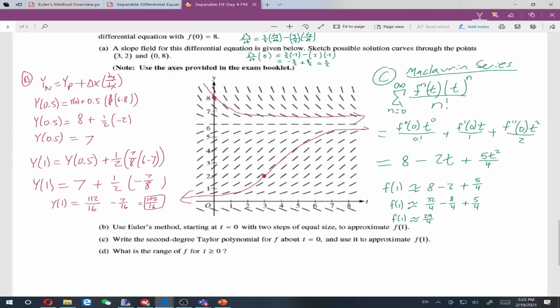29/4. Alright, so we've got two estimates: Kyle's estimate using Euler's method, Kelly's estimate using Taylor series. I think both of you have had calculators for previous questions, so Kelly, if you can give me what 29 over 4 is as a decimal, and then Kyle, if you can give me 105 over 16 as a decimal, we'll see how close we were.